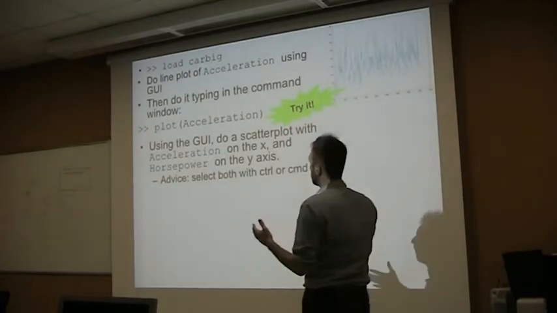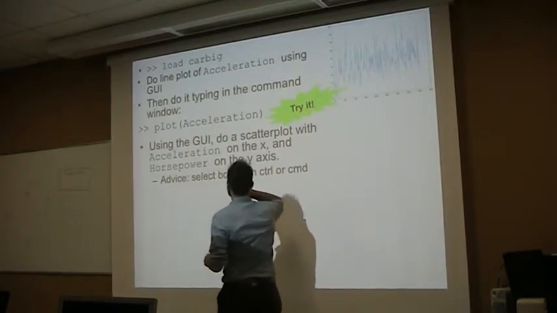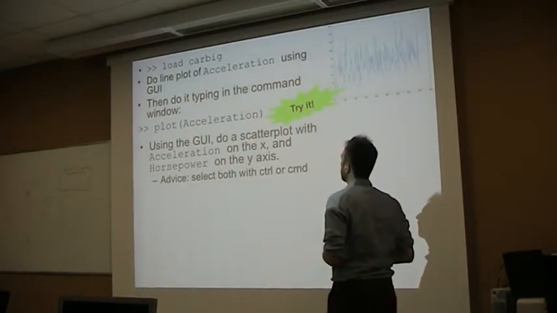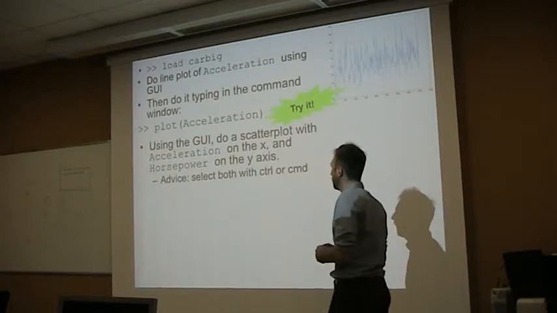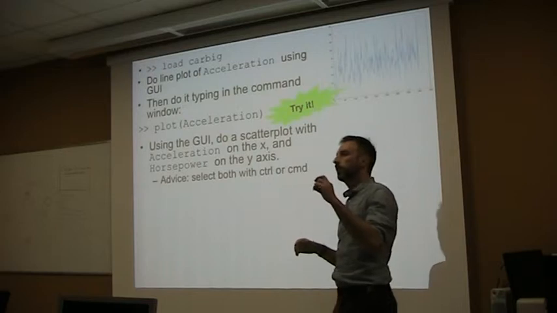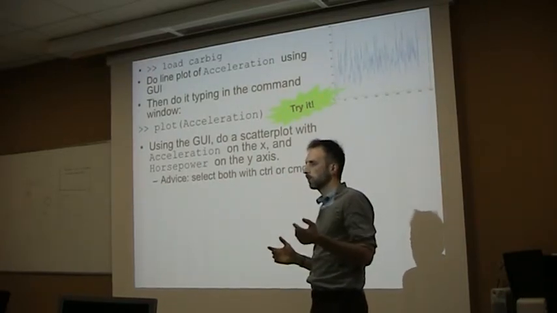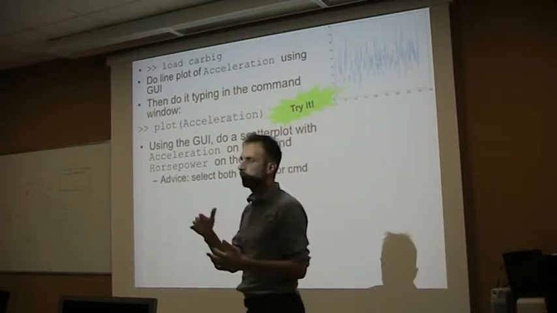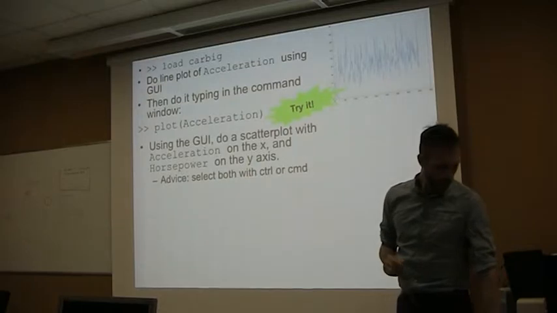We can also do a scatter plot where we compare the correlation between two variables, and here I'm putting acceleration on the x-axis and horsepower on the y-axis. If you do this in the graphical user interface, you need to select them both using Shift or Control. I don't know, it depends also whether you have Mac or Windows.